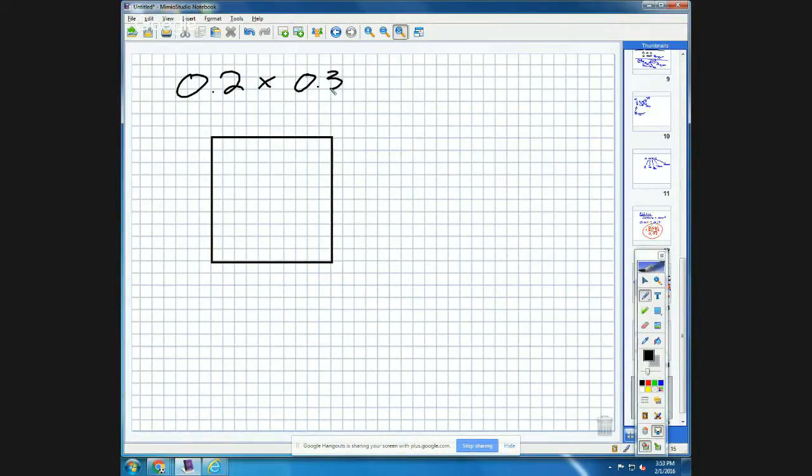And so I'm going to go across my bottom here. And if from here to here is one whole, then that right there is my 2/10. And if from here to here is one whole, then that right there would be 3/10. So that means I want the region that is 2/10 by 3/10. So I want to identify that region right there.